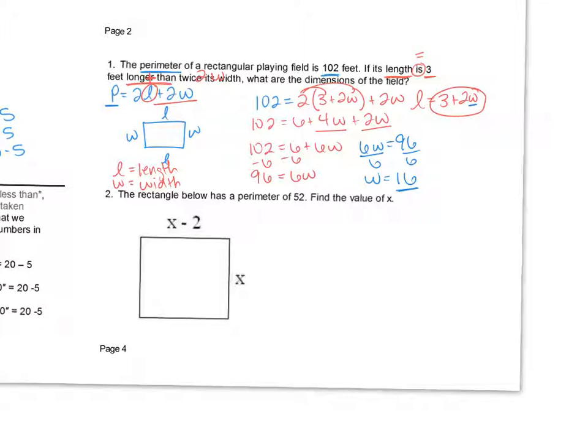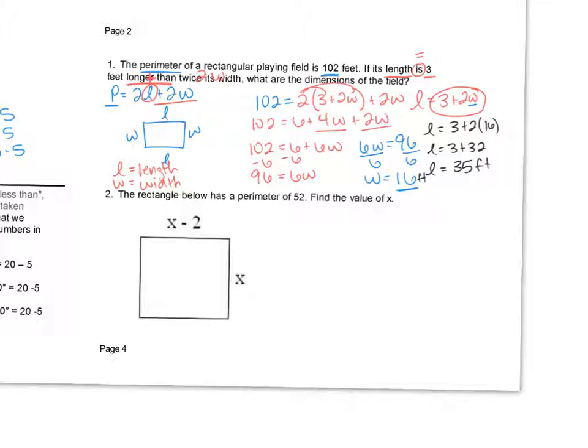So we would have the length equals 3 plus 2 times 16. So L equals 3 plus 32. So the length is 35. And now we can go ahead and add those units. We look back to the problem and we see that it's feet.